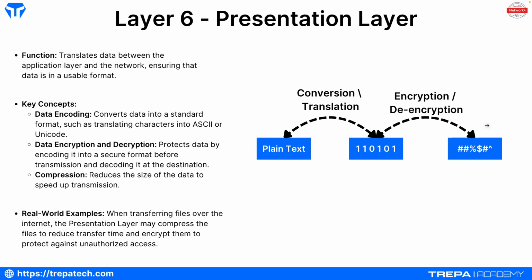It's also going to allow us to do data compression, so that's taking a file maybe from 4 megabits to 2 megabits. And then the presentation layer is also going to be able to do the encryption and decryption. SSL, right? This is that secure sockets layer that will be changing our plain text into ciphertext on our data in use, or our data in transit.